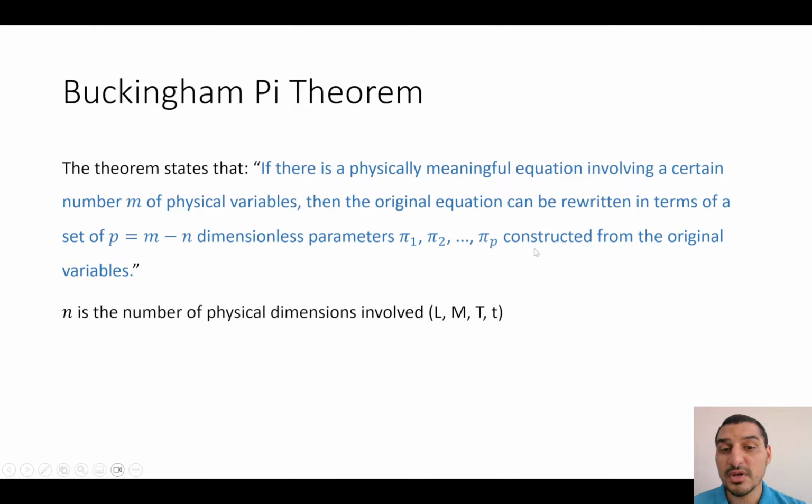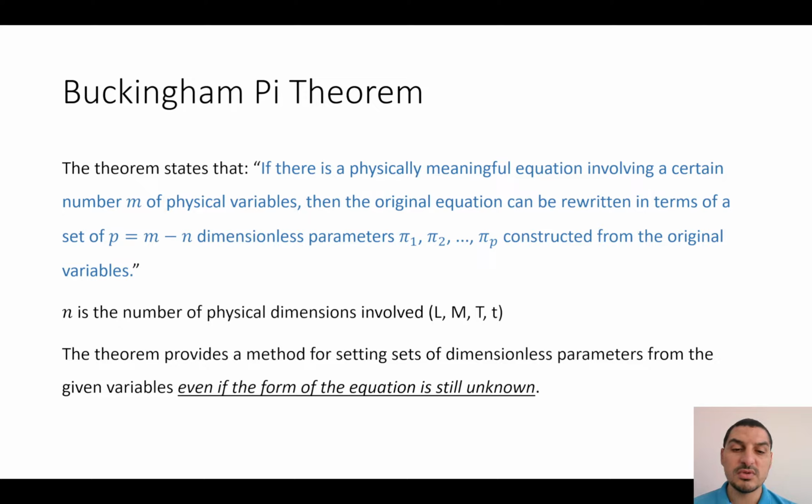That's why we call it the pi theorem, because we initially call the dimensionless groups pi's. And the number of dimensionless groups equals m minus n, where m is the number of variables, as we said, and n is the number of physical dimensions, which is L, M, T, and so on.